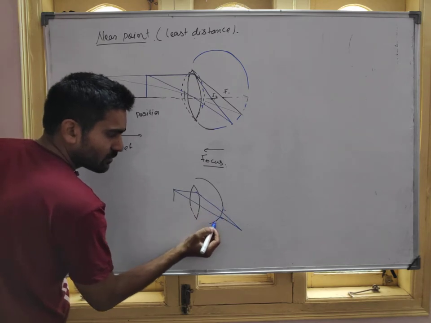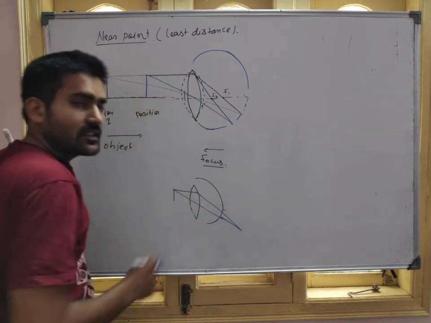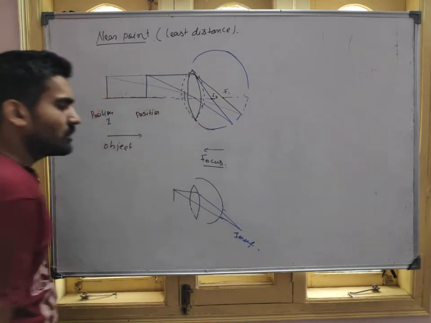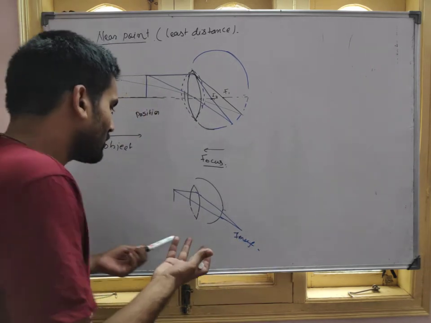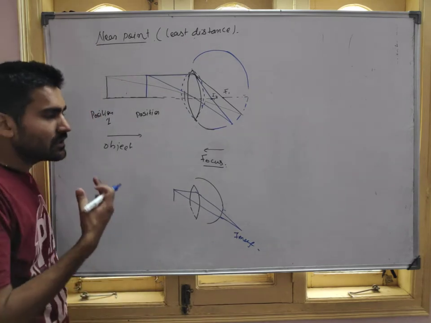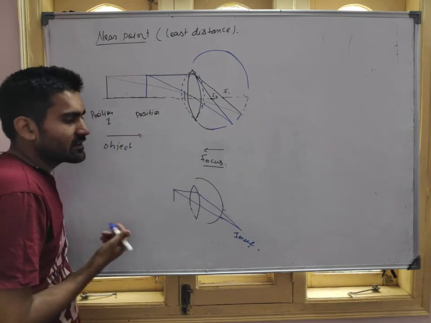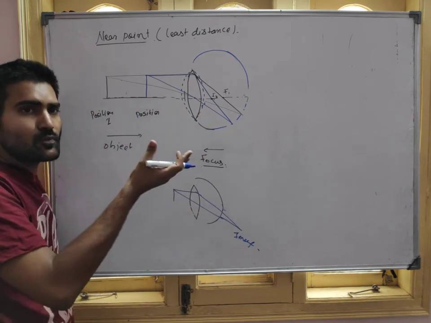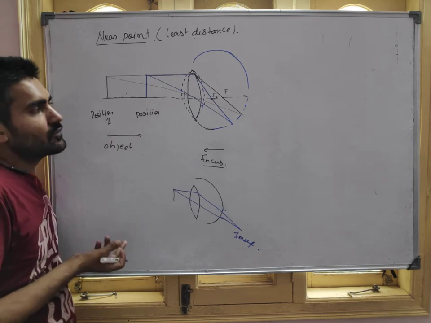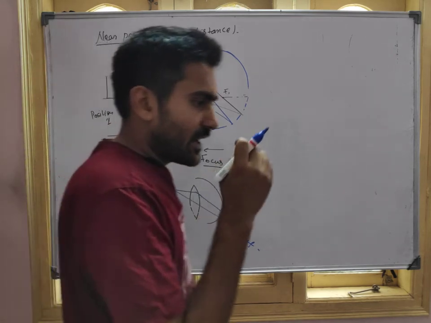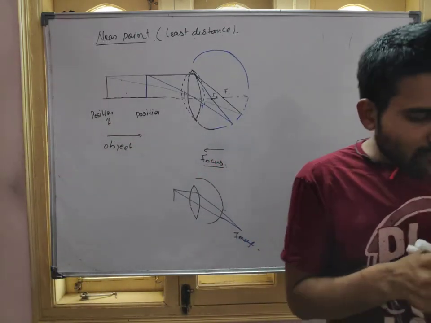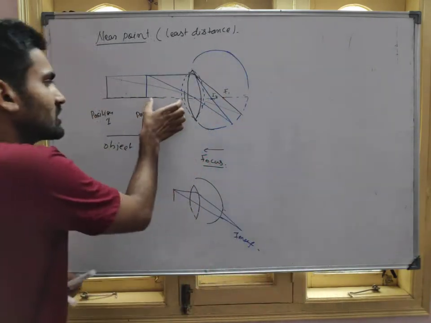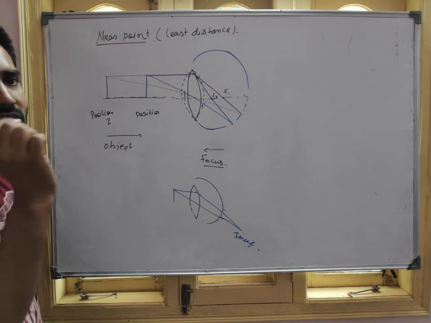The image is formed behind the retina. When the image is forming behind the retina, we cannot see the image. It means there is some limit up to which it can shift its focus. One point will come where it will not be able to shift the focus. The point at which the eye cannot shift the focus, that particular distance from the eye is called the nearest point.